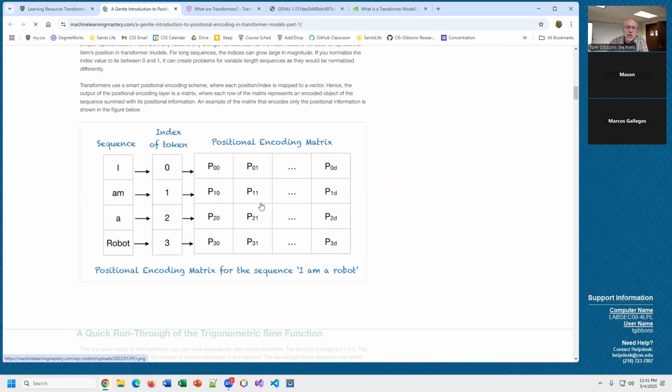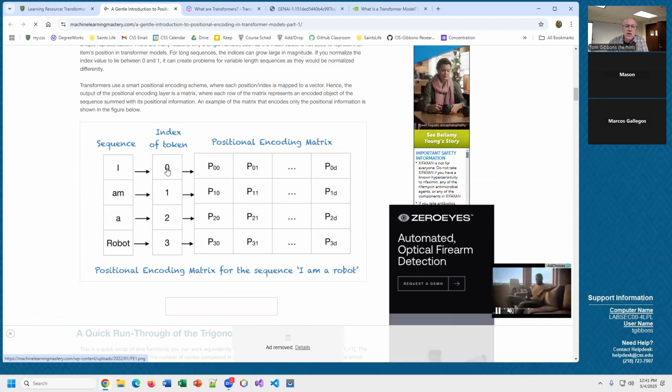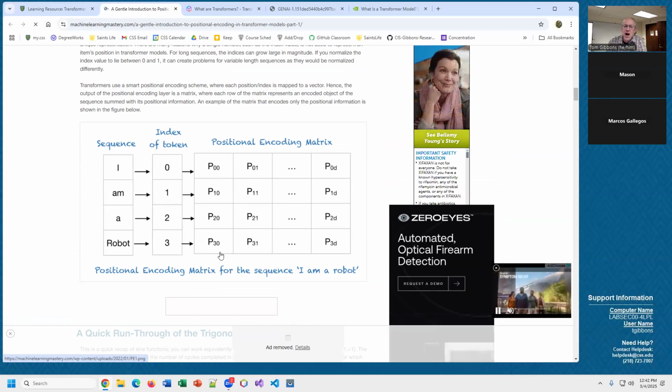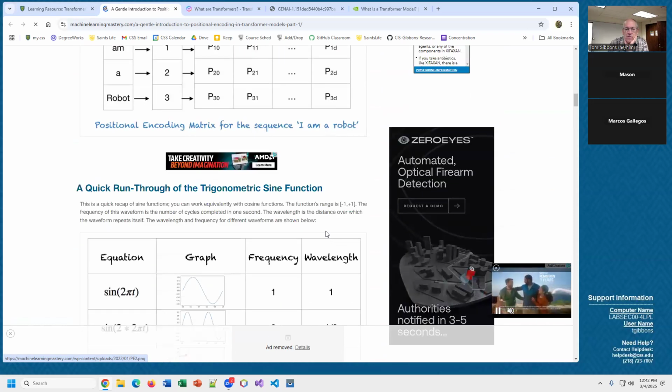So rather than just encoding, so we have a sentence, I am a robot. And rather than just saying this is word 0, word 1, word 2, word 3, we're going to try to apply some more complicated encodings for this.